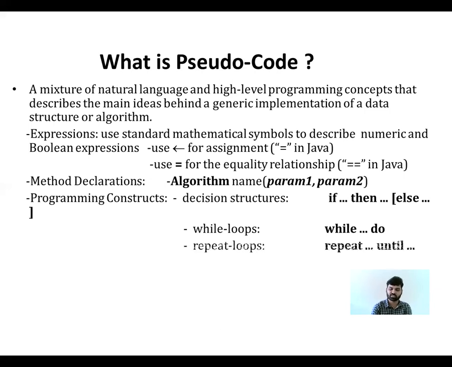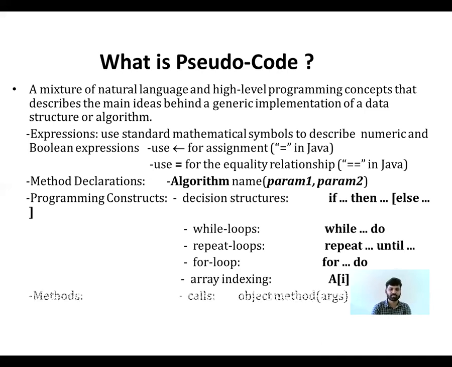Then while loops, do while loop, repeat loops, then for loops, then array indexing. Then various codes and return values I can also mention in the pseudocode, and various types of assignment operators or logical operators.